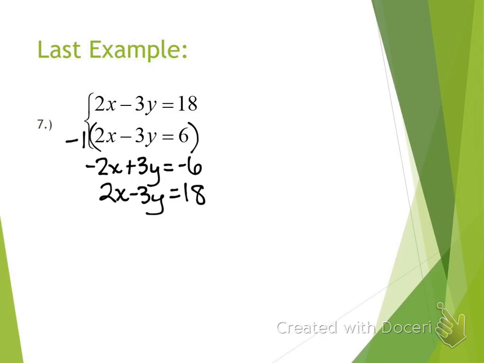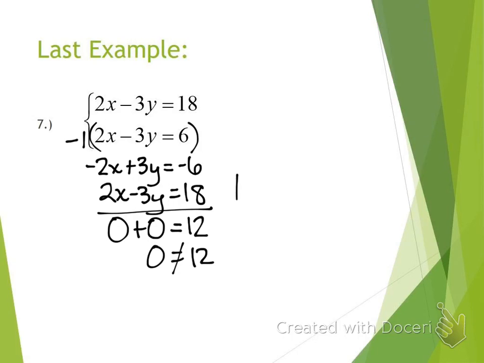If we go to combine these, -2x plus 2x is 0. Positive 3y minus 3y is 0. -6 combined with a positive 18 is 12. What do we notice here? 0 does not equal 12, which means that there is no solution.